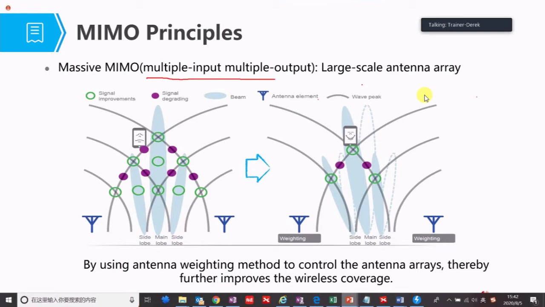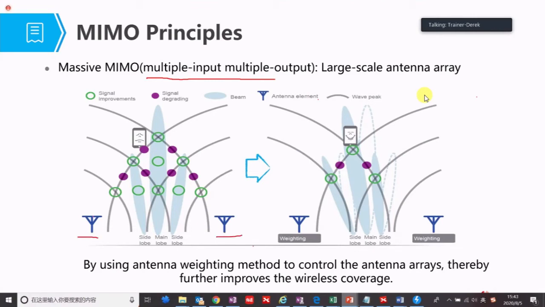MIMO is multiple antennas with multiple techniques. It can be used for diversity, TX diversity or RX diversity, and beamforming or spatial multiplexing.